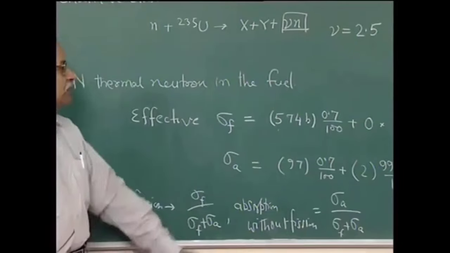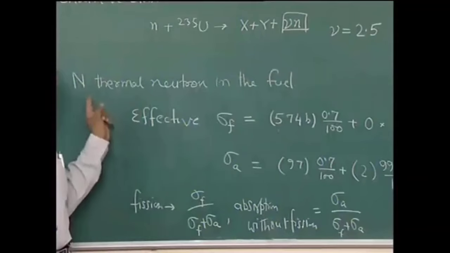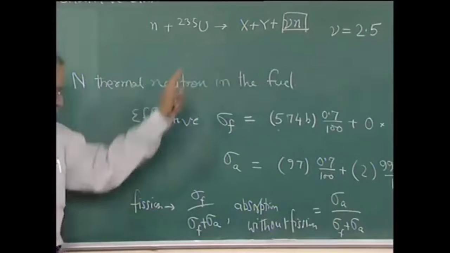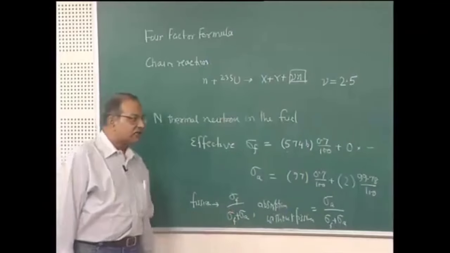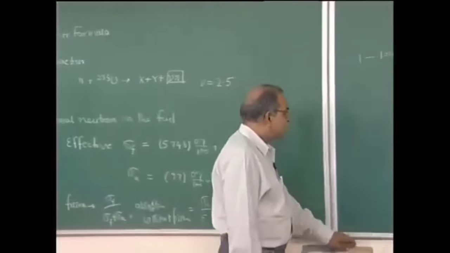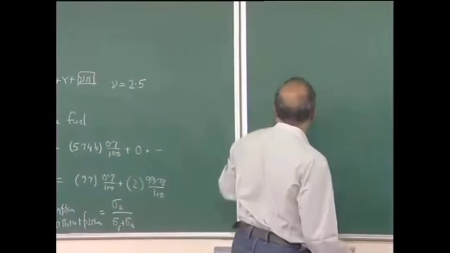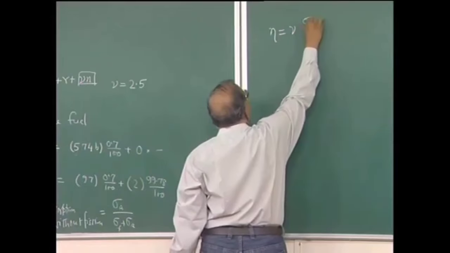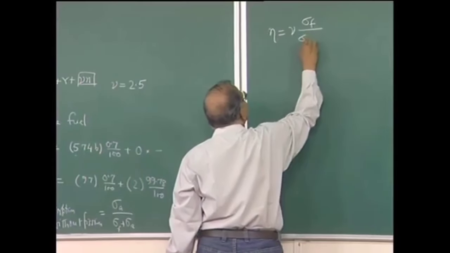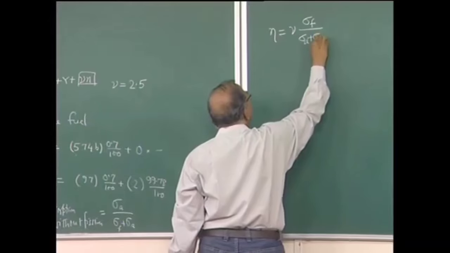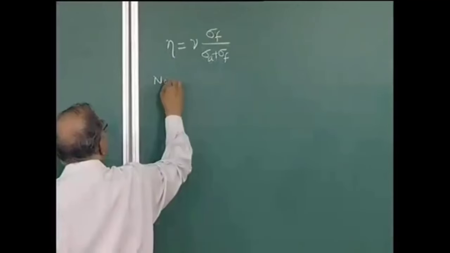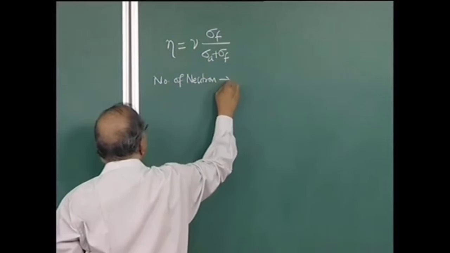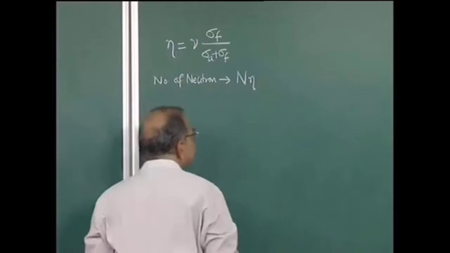So, do not multiply by just 2.5, it is not N into nu, but it is N into nu into this fraction, and that is written as eta. So, eta is nu times sigma f over sigma A plus sigma f, and the number of neutrons when this fission takes place will become N times eta, right.